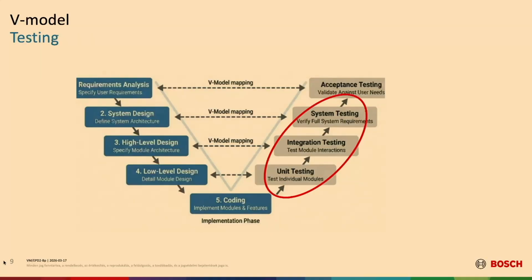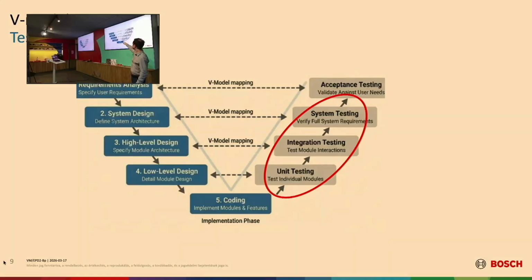And then we are coming to the testing phase. Here, what is visible on the V shape is that every level covers the necessary testing, connecting to each design phase.